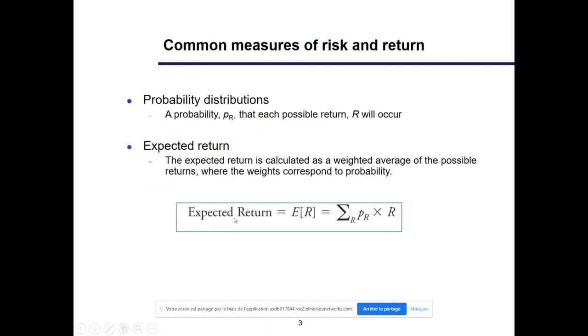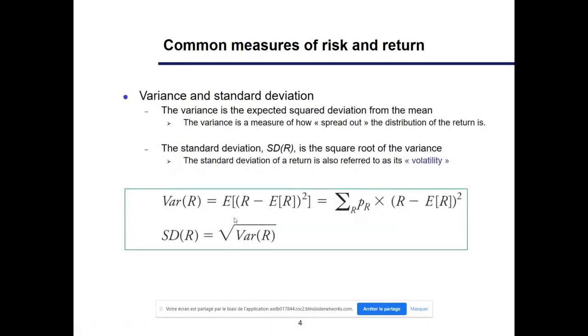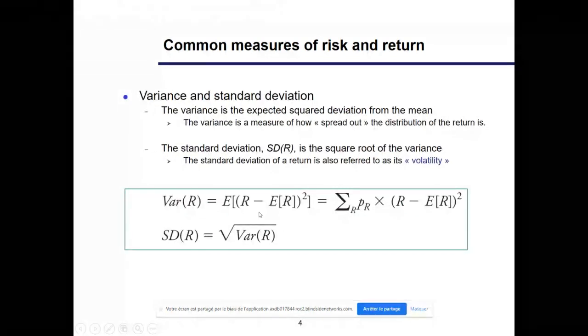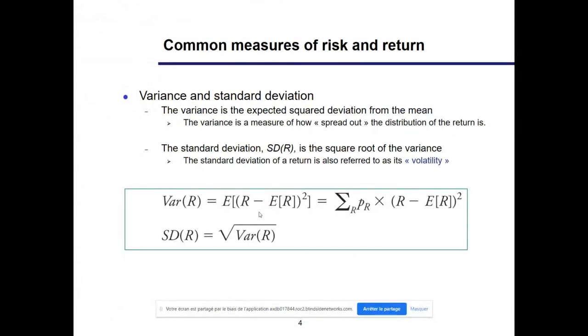And when we know the expected return, we can again use high school mathematics to measure how spread out the distribution is from the mean. We call it the variance.